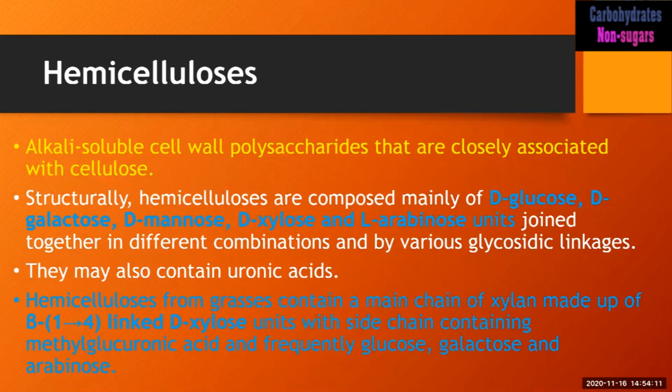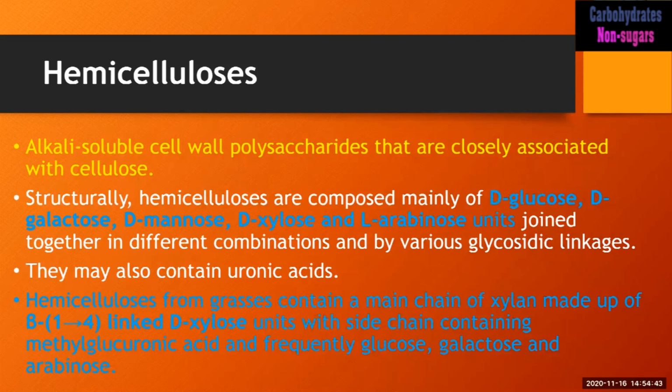Then comes hemicellulose, the most important component of the cell wall. It is an alkali soluble cell wall polysaccharide, and it is closely associated with cellulose. Structurally, hemicelluloses are composed of different types of monomer units, including glucose, galactose, mannose, xylose, and arabinose. They are joined in different combinations through different types of glycosidic bonds.